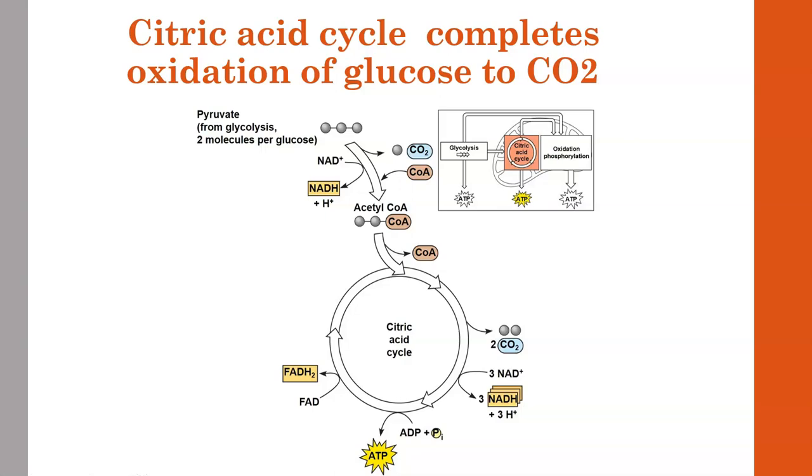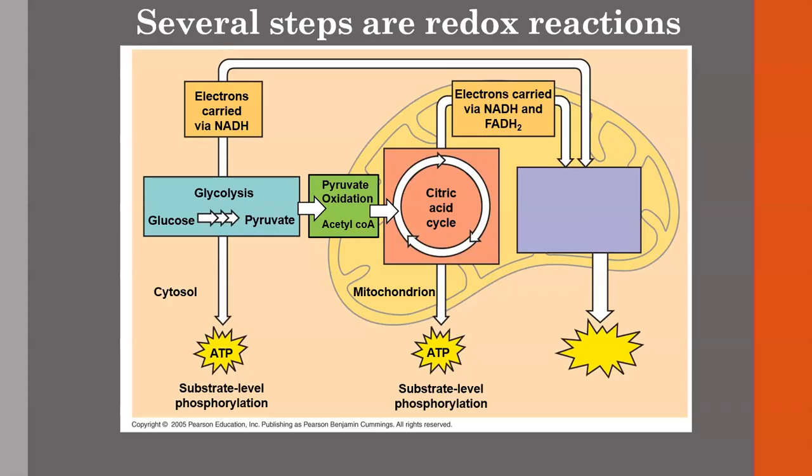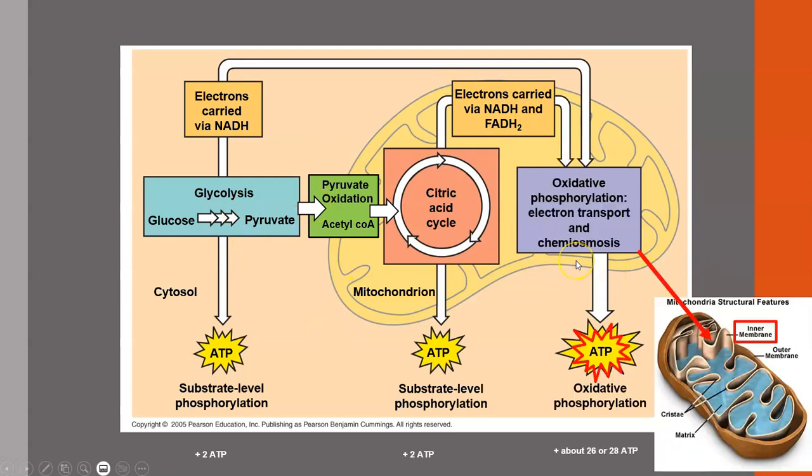Okay, but we're now going to look at what the other form of those energy molecules are, the NADH and the FADH2. These electron carriers are going to shuttle electrons taken from these earlier stages to the final stage of aerobic cellular respiration, which takes place on the inner membrane of the mitochondria.